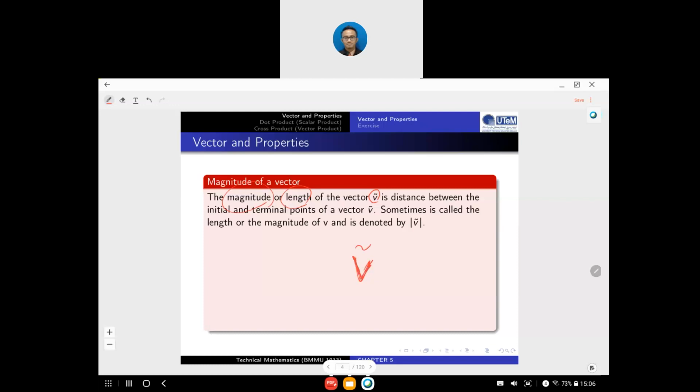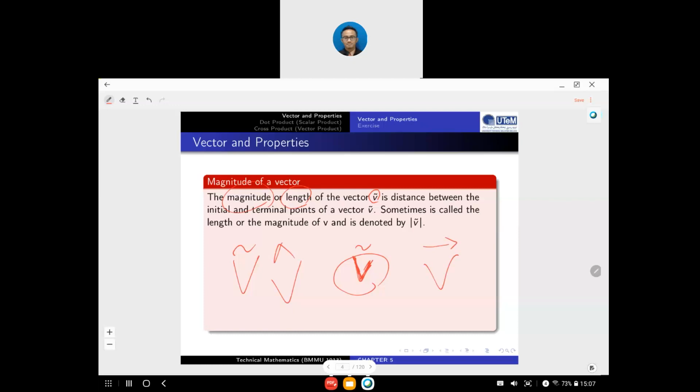But when you do handwriting, it is difficult for us to see whether you bolded it or not. So to easily differentiate between a vector and a scalar, you put a bar, or a hat, or an arrow over the V. It's up to you, you can choose either one. Make sure you don't use bold, because I cannot identify your handwriting whether you bolded it or not.